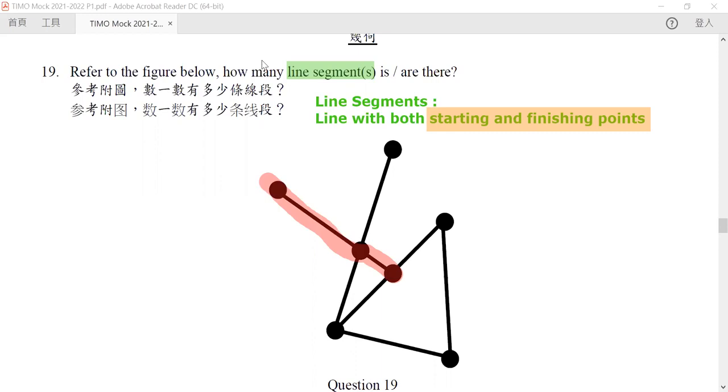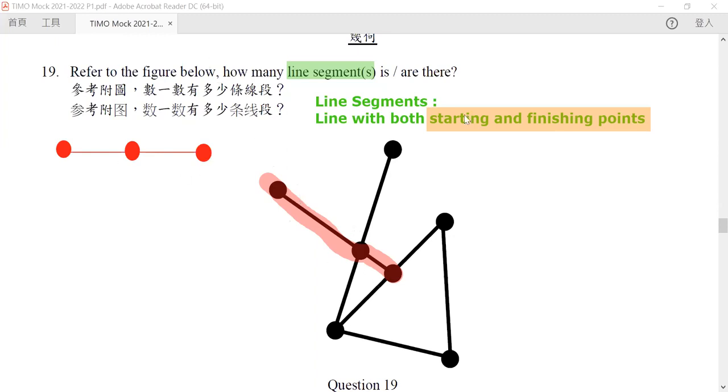3. Yes, 3. Because if we draw it out like this, this line segment is exactly the same as the one on our left, or the one on our right is exactly the same as the one on our left.